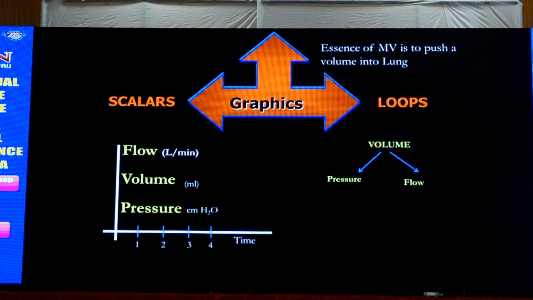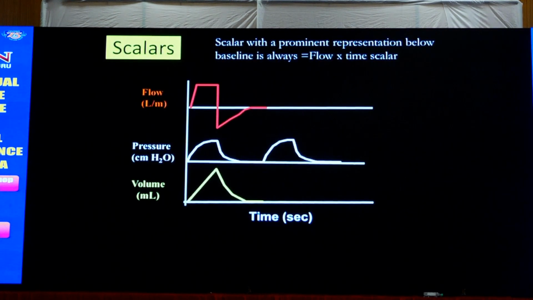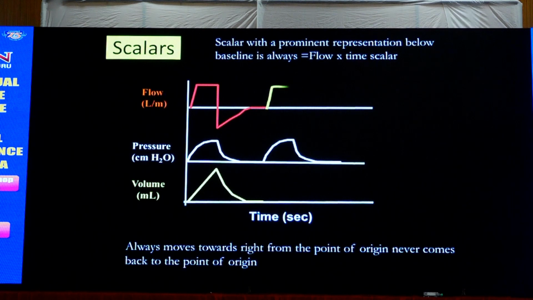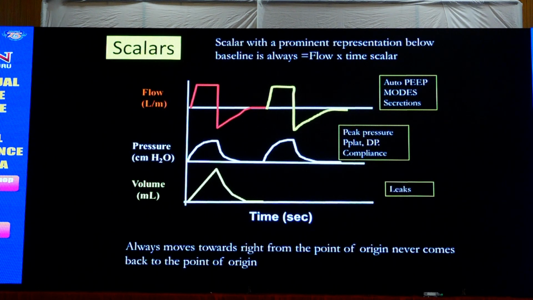And there are two loops. That's not my topic, I will not look into it. See, the scalars always start from one point and always go towards the right of the screen. Whenever you see a representation below the baseline, that is always a flow scalar.